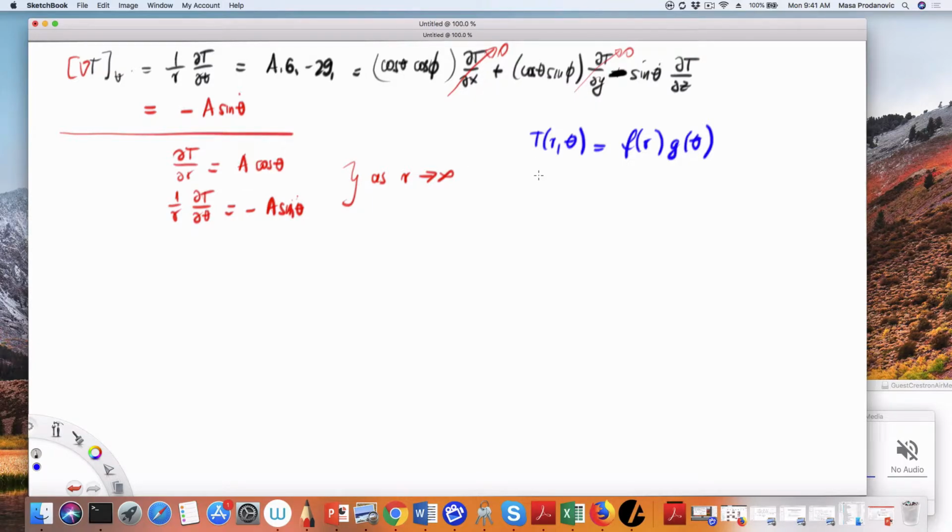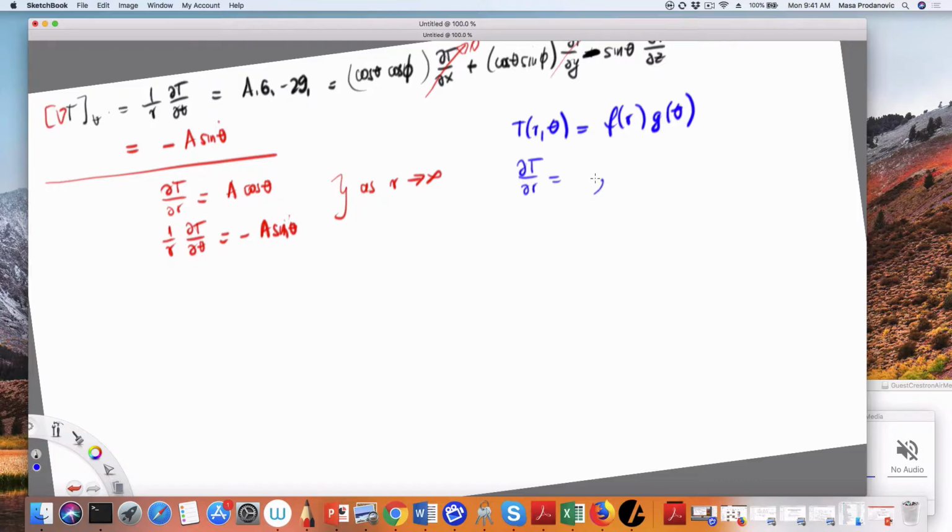So what would dt dr be? Look at that. In my tilted way, it would be f prime of r g of theta. And my dt d theta would be f of r g prime of theta.